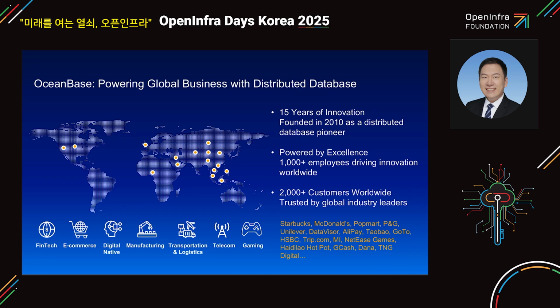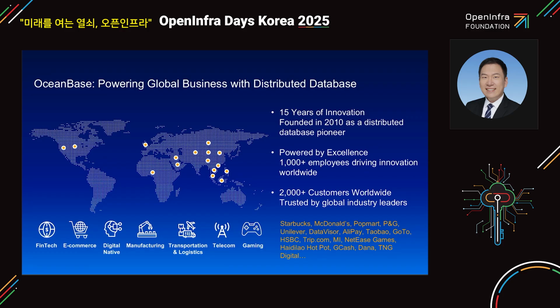Before we dive into today's topic, let's have a quick look at who we are and the kind of real-world demands our system is built to handle. OceanBase is a distributed database founded in 2010, and we've spent over 15 years on high availability and high performance.